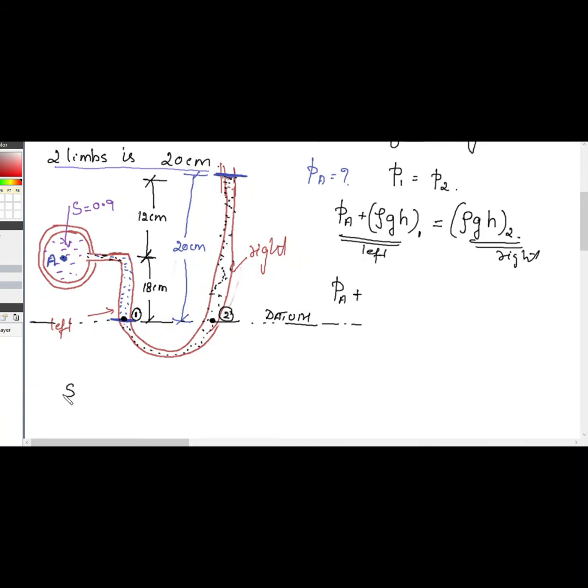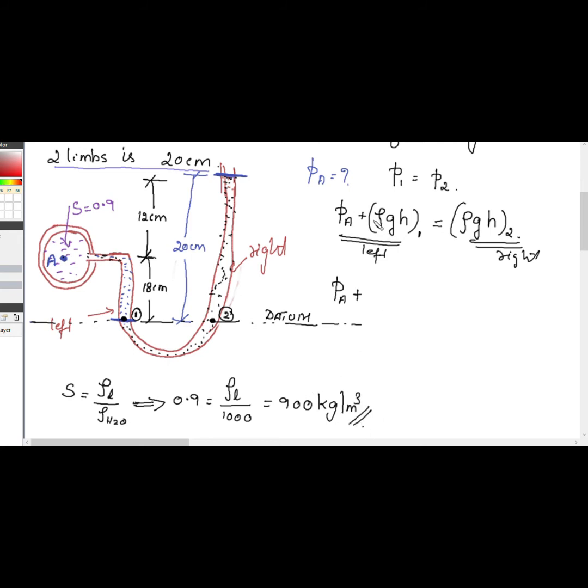We know specific gravity is equal to the density of the fluid by the density of the standard fluid, that is water. So from this we get 0.9 is equal to the density of the given liquid divided by water. Density of water is 1000. So we get 900 kilogram per meter cube.